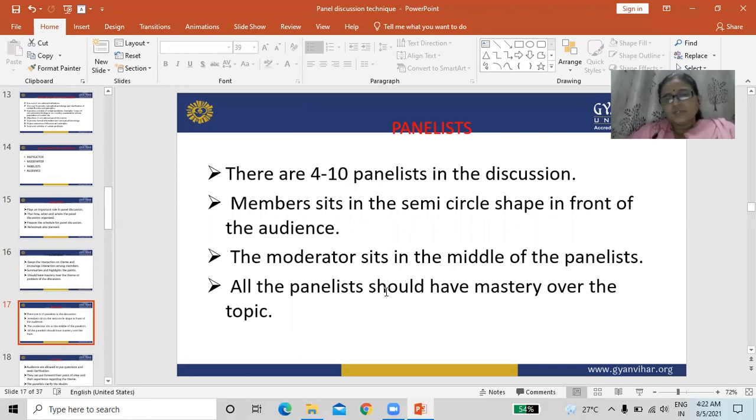The moderator sits in the middle of the panelists. All the panelists should have mastery over the topic.